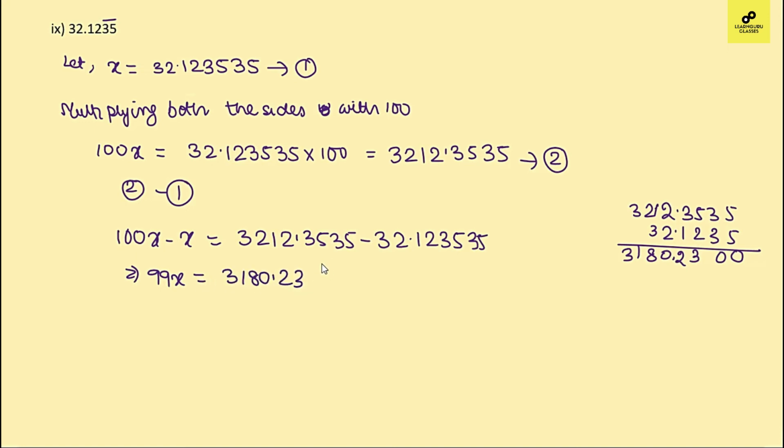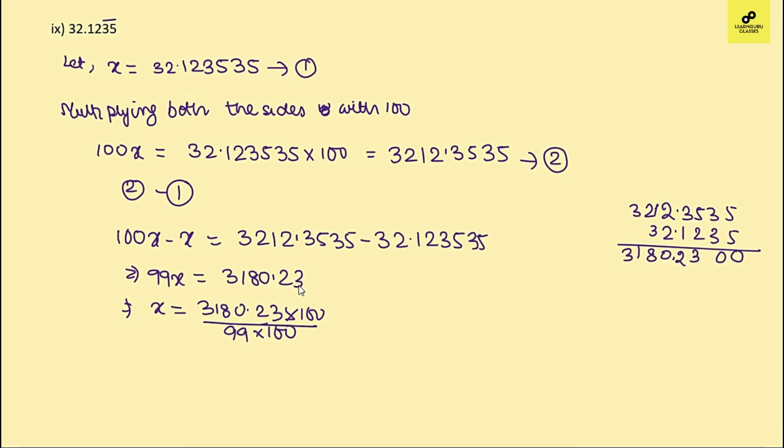Now here after the decimal some numbers are there. So to get rid of the decimal, first of all write in this way, divided by 99. Now you multiply both the sides with 100, since only 2 digits are after the decimal.